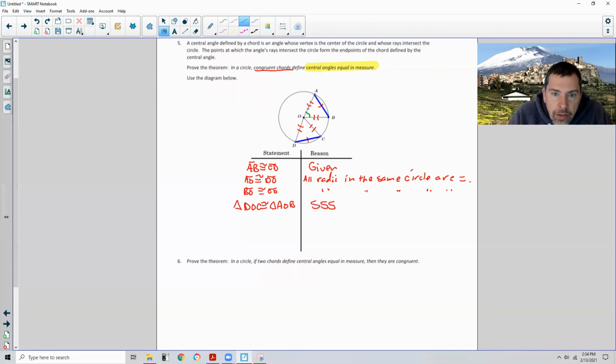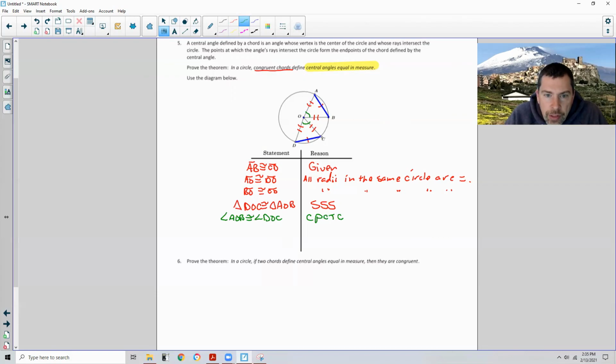So now I can say angle AOB is congruent to angle DOC, by corresponding parts of congruent triangles are congruent. So there we just proved that the two central angles are equal in measure.